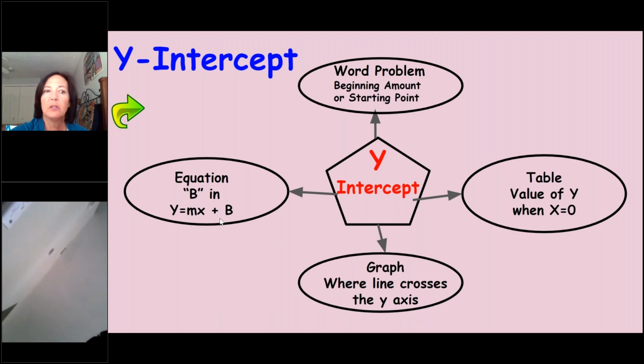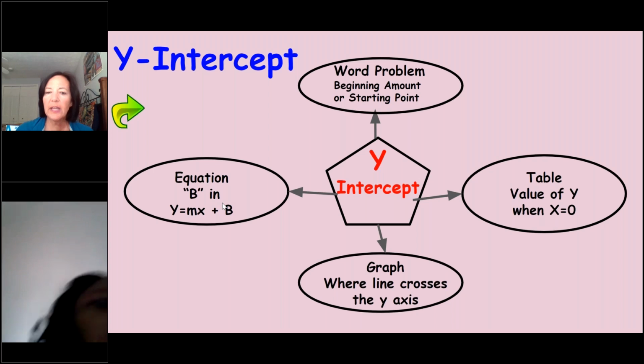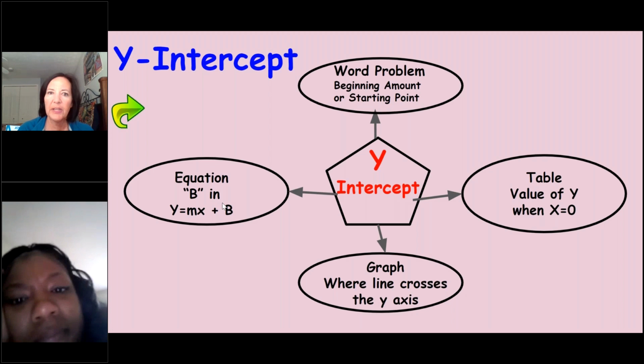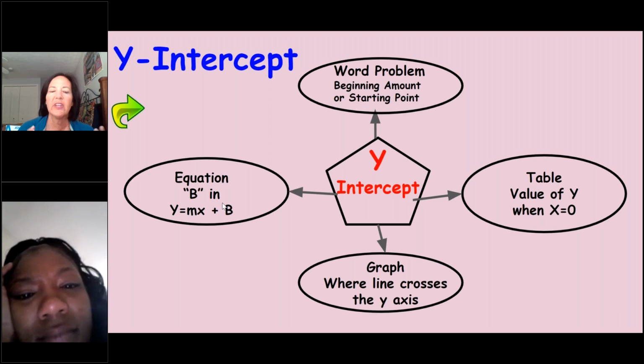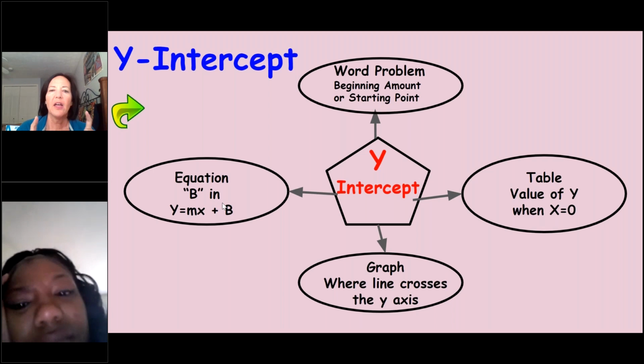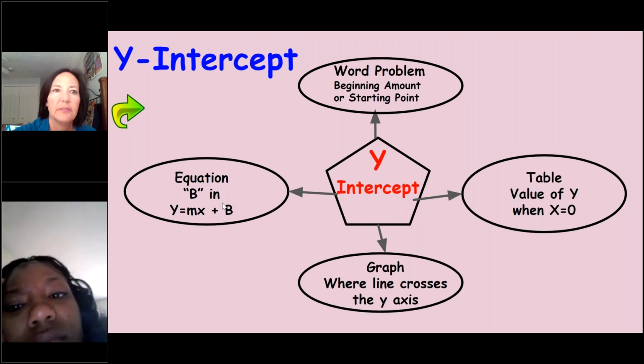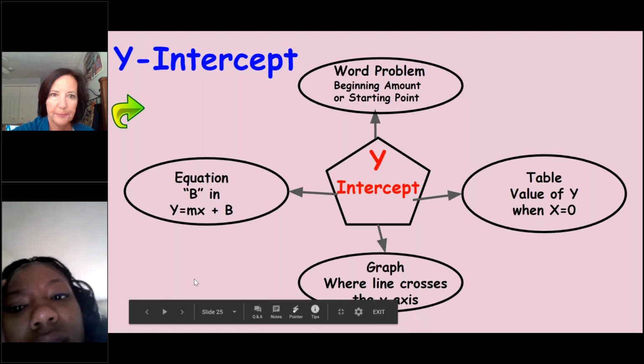The number that is added on, or the number in this position that's not with the variable, that's always going to be our y-intercept. So those 4 things, if you can memorize that, and like I said, take a picture, write down notes, will be very helpful before you go in to take the test.